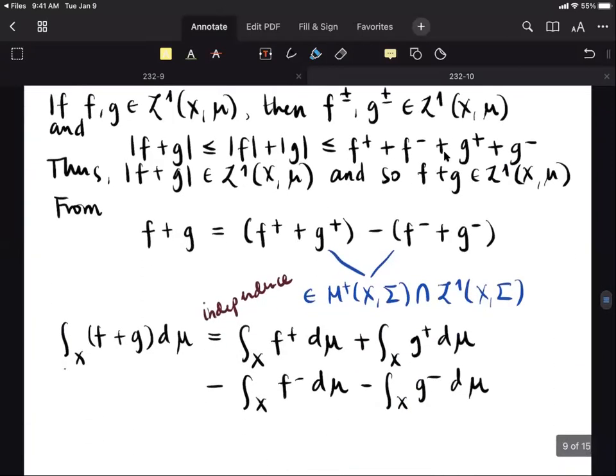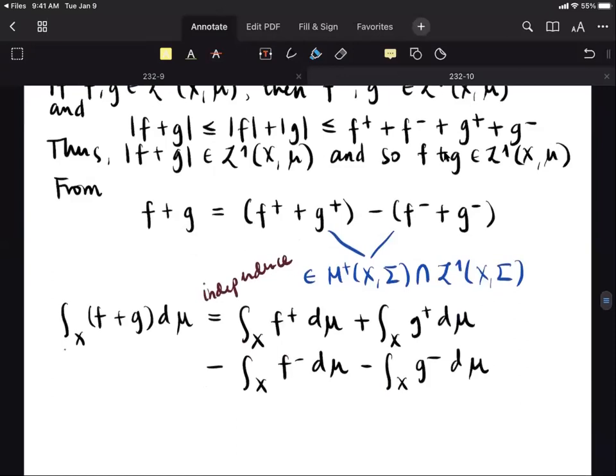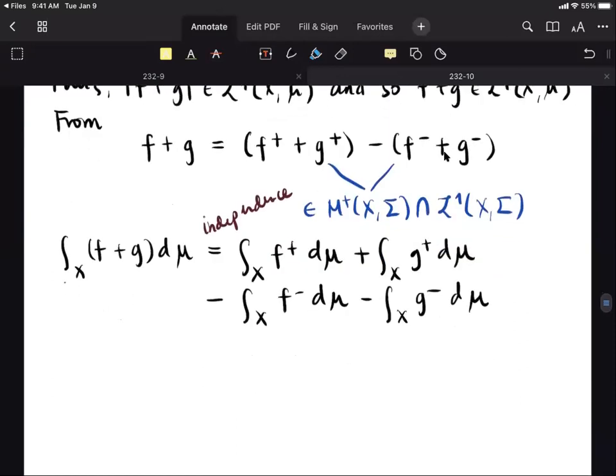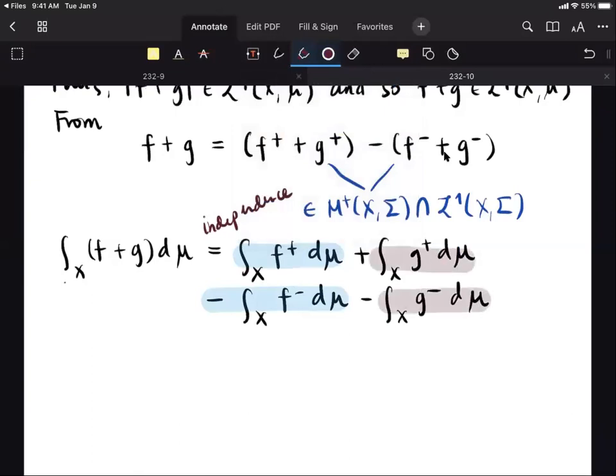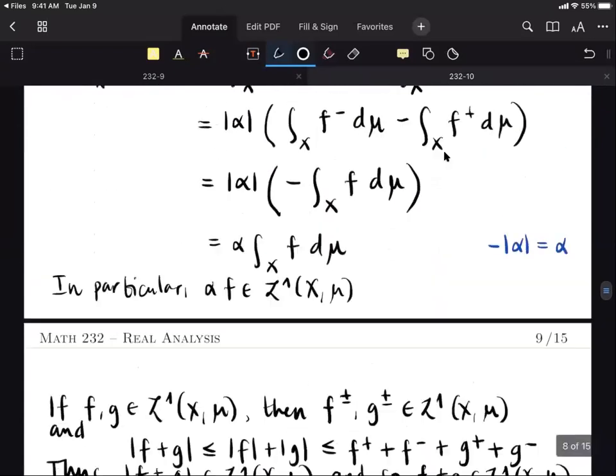Okay, so based on this, we just combine these two and the other two, and you now get the integral of f plus the integral of g. Okay, so that's the case for real valued functions.